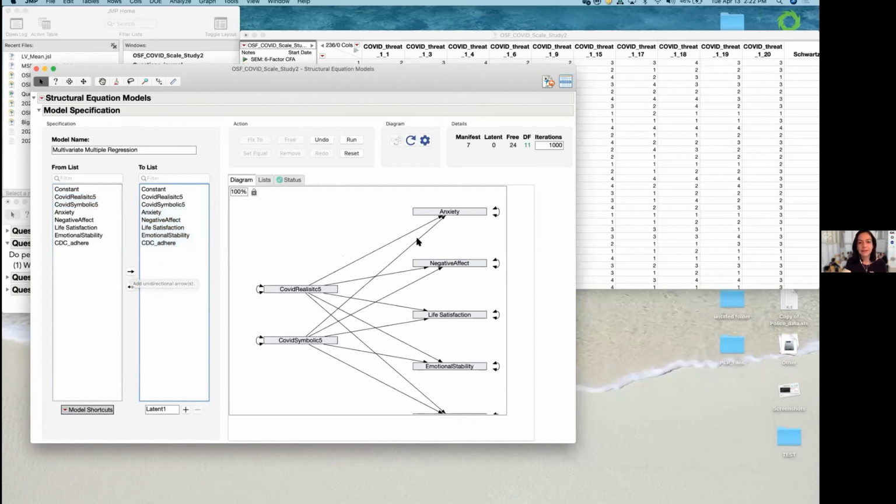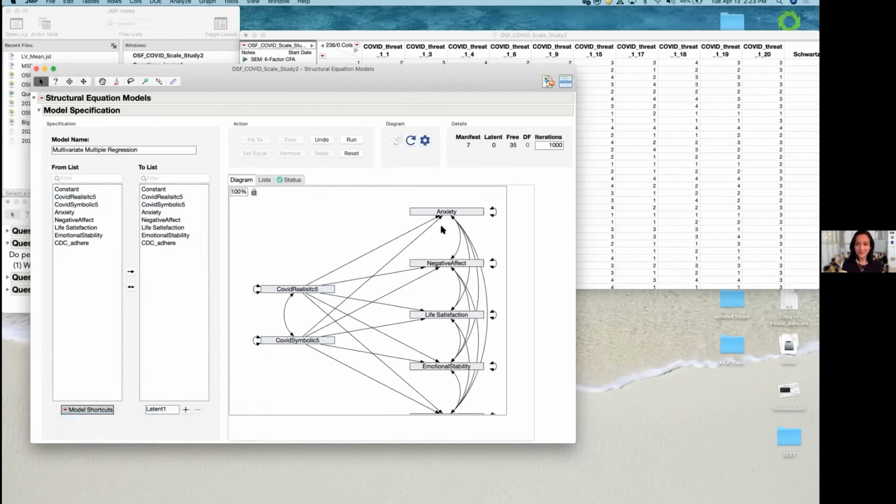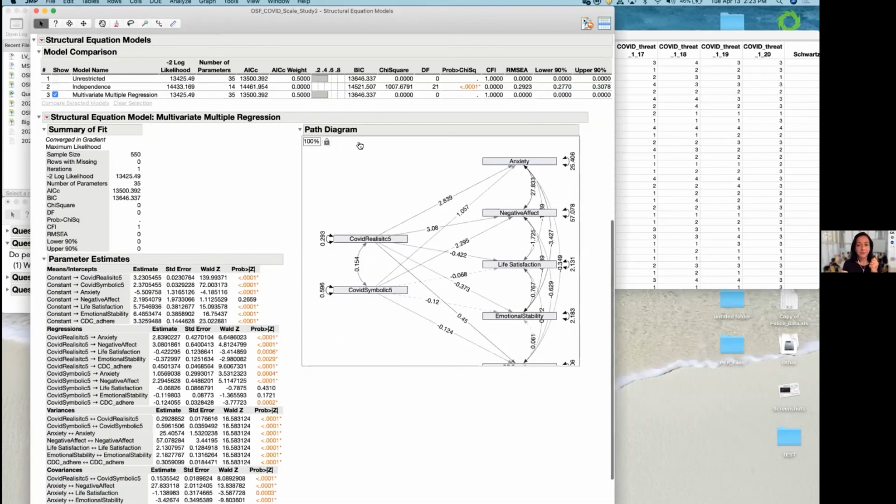By linking those with that one-headed arrow, that's my regression. I'm going to covary these variables because I'm not going to assume that they are orthogonal. I think they covary. I have a little shortcut here to covary the endogenous variables. You now know what that term means: all of these variables over here are endogenous. I'm going to go ahead and run this model.